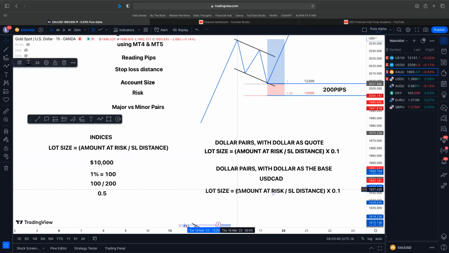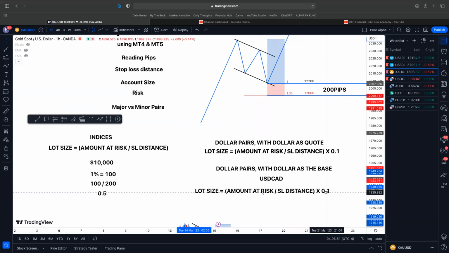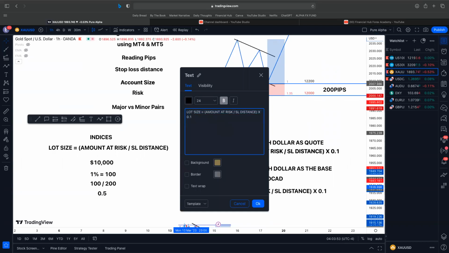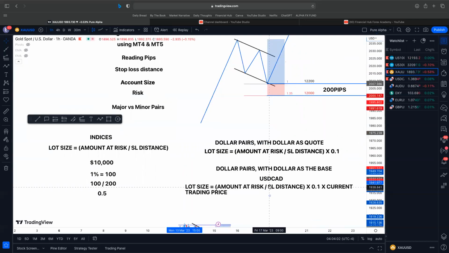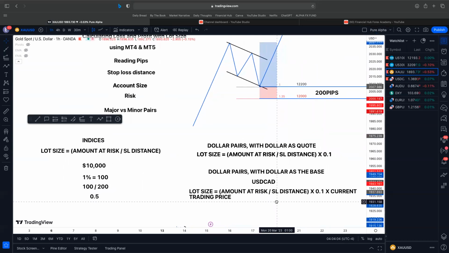You're going to take this same lot size, amount at risk divided by stop loss distance times 0.1, and then the equation continues, times the current trading price. It's a bit complicated, but you're going to get the hang of it.